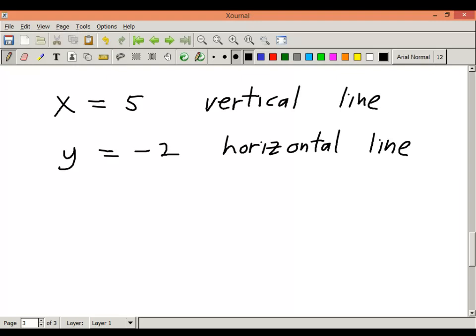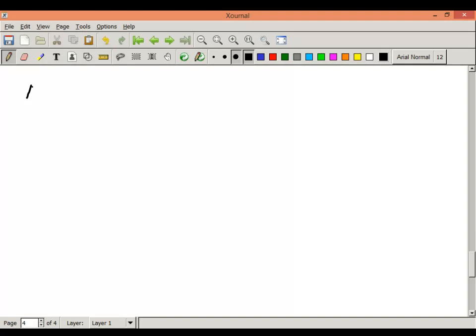Okay, so let's, I guess, get right to it here for the examples. So example number 1 is to write an equation. So we're doing a lot of writing of equations.